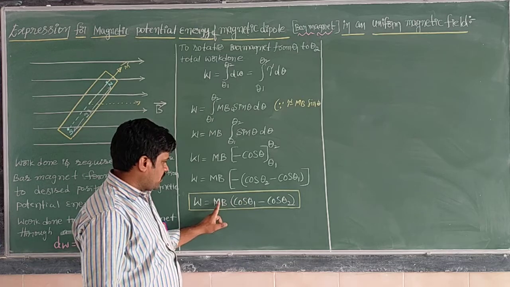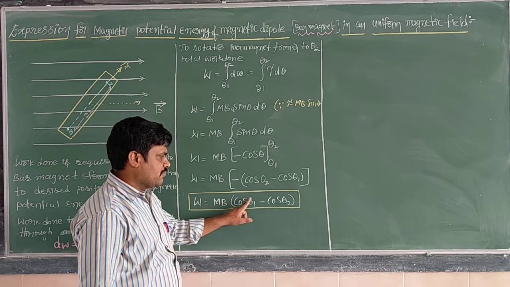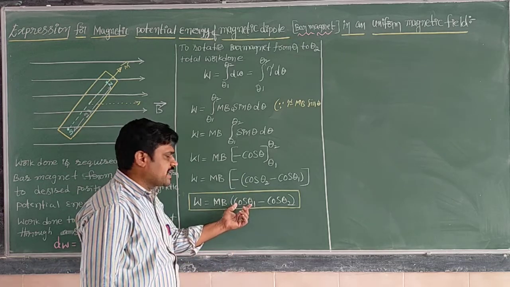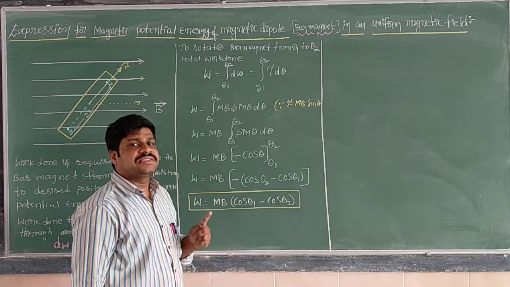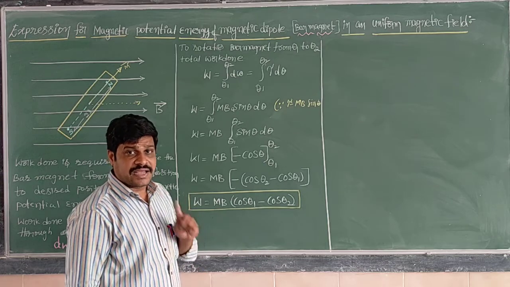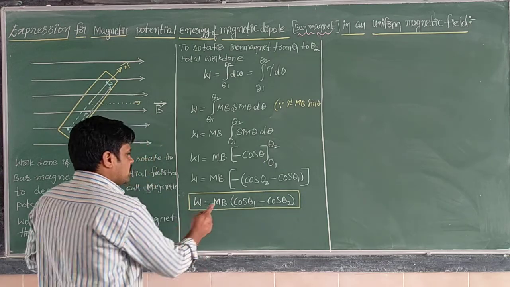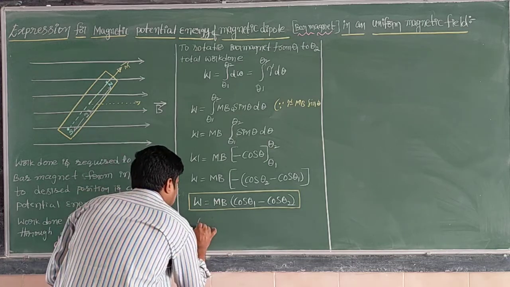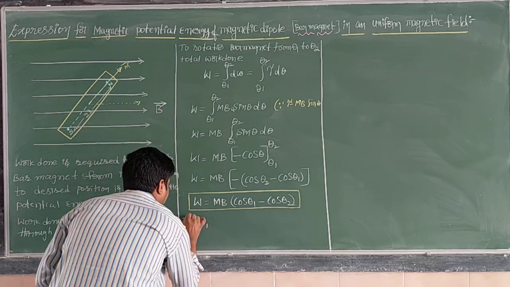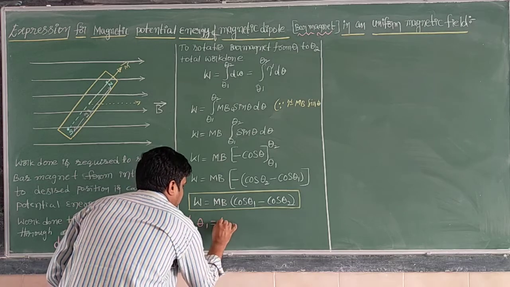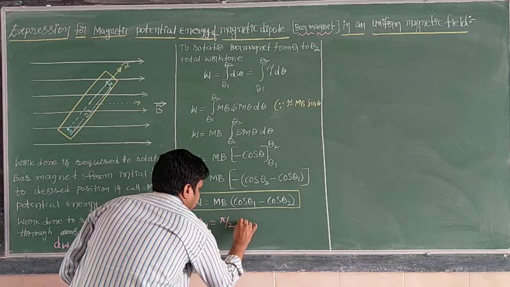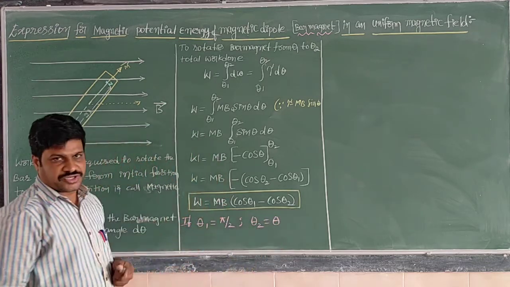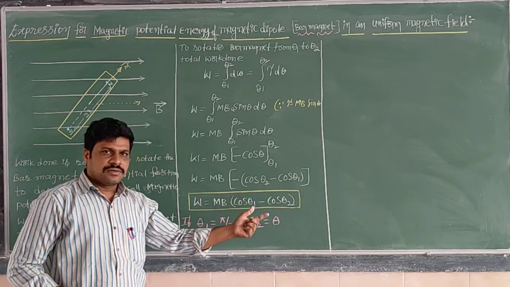This term mB cos theta 1 is 0, mB cos theta 2 is not equal to 0. Cos theta 1 is 0 whenever theta is 90 degrees. So theta 1 is pi by 2, and theta 2 is some other position.